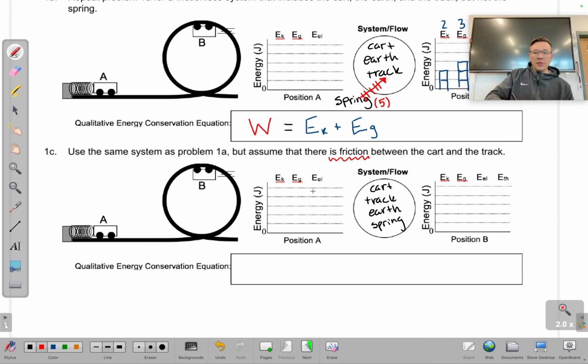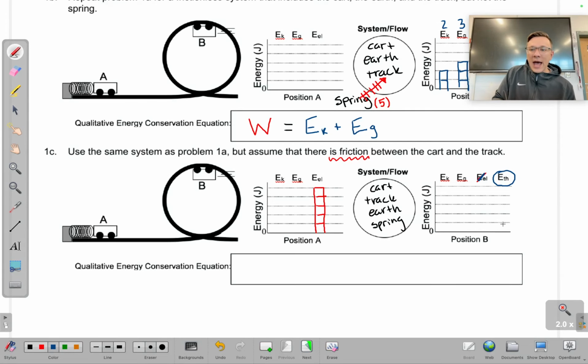Now that the spring's back in the system, we go right back to identifying the energy stored in the spring, which is elastic energy on the initial side. On the final side, we're still going to have kinetic energy and gravitational potential energy. There's no elastic, but the thing that we need to include now is thermal energy due to friction. So heat will be generated.